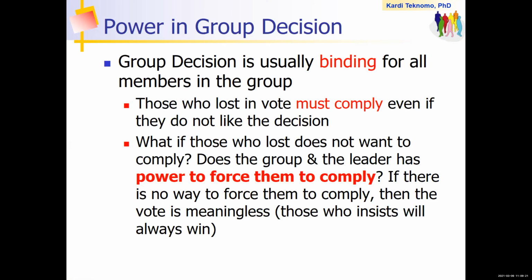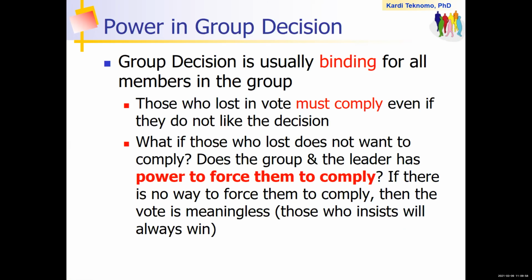Say you have a discussion and you make a vote. Suppose there are 10 of you. 6 of you vote for A, 4 of you vote for B. Now the 4 who lost do not want to comply. They still want to do B rather than A. So what will the group and the leader do about it?